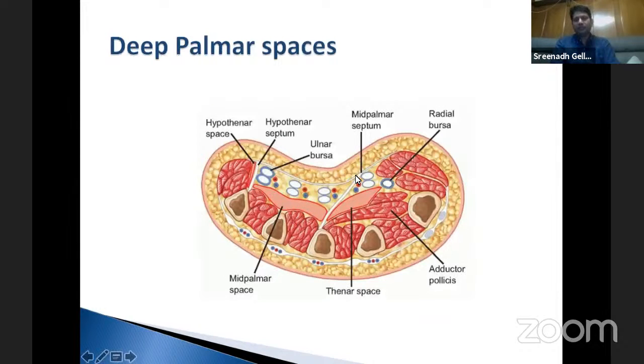If you look here, radially there is a mid palmar septum, and ulnarly there is the hypothenar septum, and volarly, as you can see, the fascia that is covering the intrinsic muscles, and on the volar aspect, you'll see all the tendons that are going for the little, ring and middle fingers, and the deep palmar arch and superficial palmar arch are present. Proximally, it extends up to the carpal tunnel region, and distally to the web spaces.